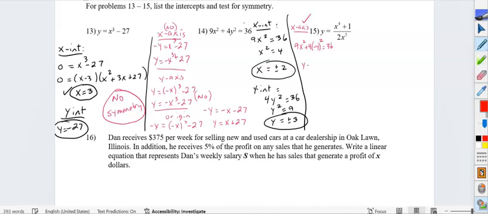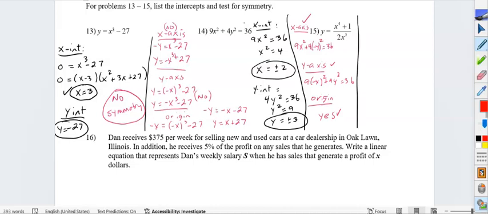And then for y-axis, we're going to let x become negative x. And you can probably see that same type of thing is going to happen. We get the original, so we do have y-axis symmetry. And then for origin, we're going to change them both. And if we change them both, I think we see what happens. So we have symmetry for all three: x-axis, y-axis, and the origin.